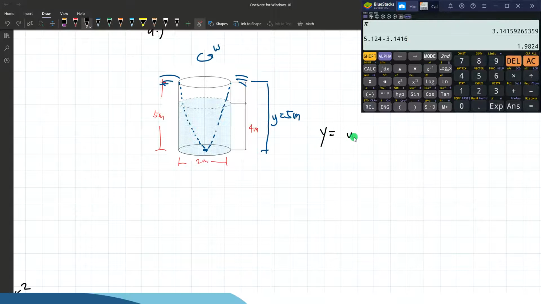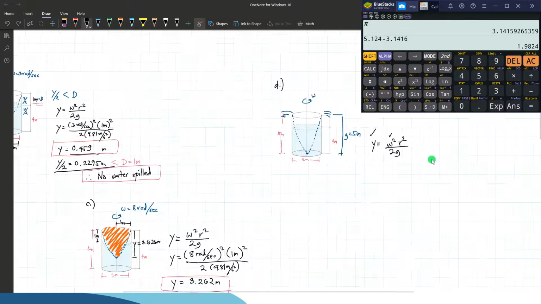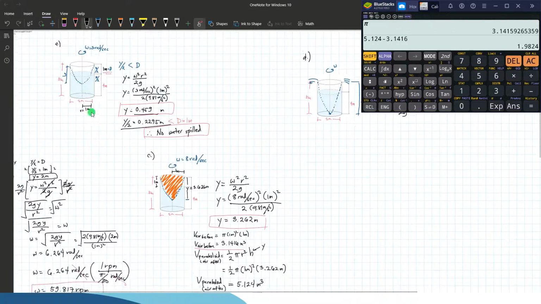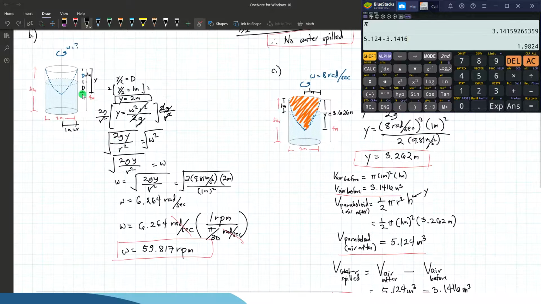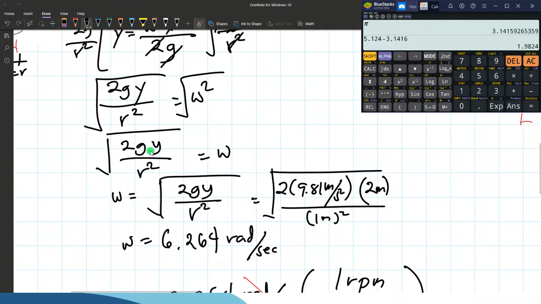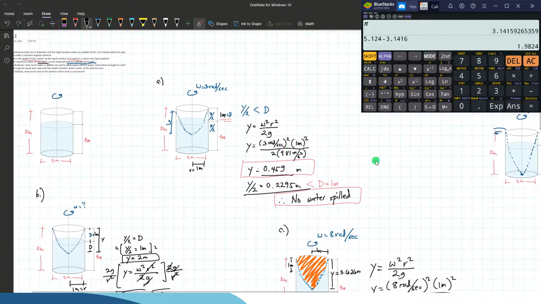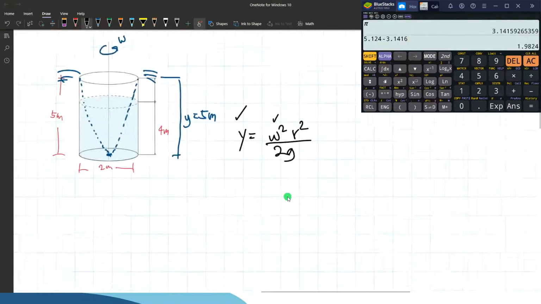Using again the solution y equals w squared r squared over 2g, we already have y, so we will be able to compute w. So let's use again the same derivation of the solution in letter B. If we have a given y, we can determine w. So let's use this, the square root of 2gy over r squared.